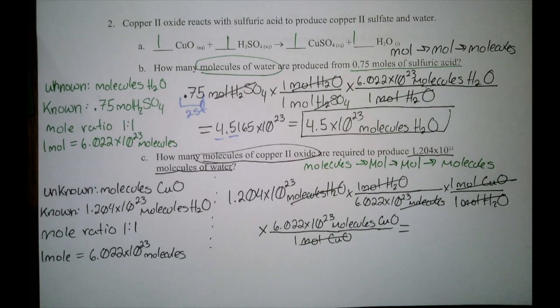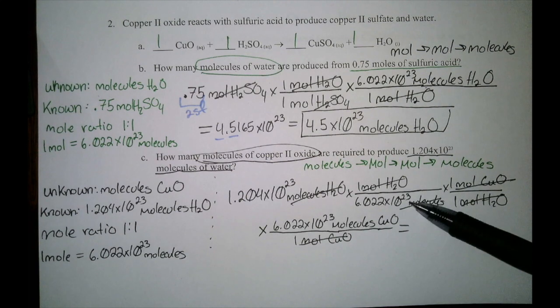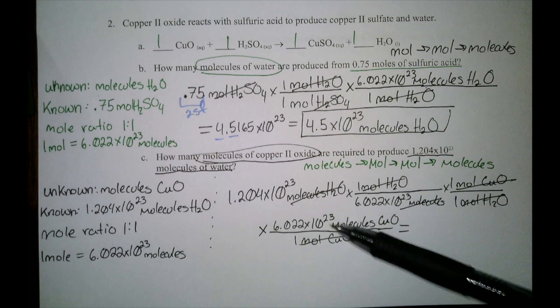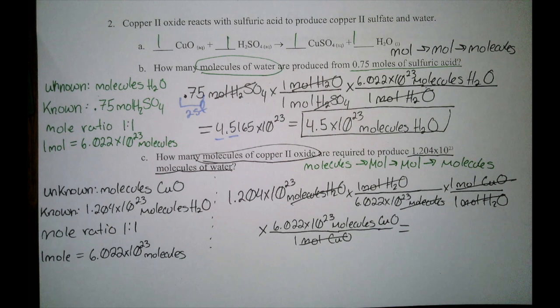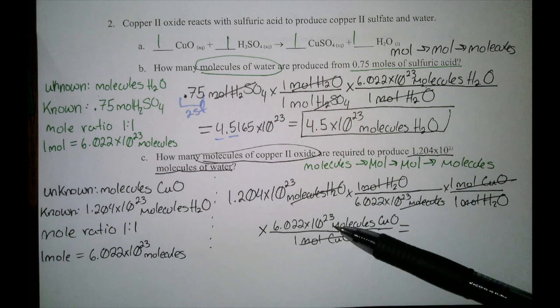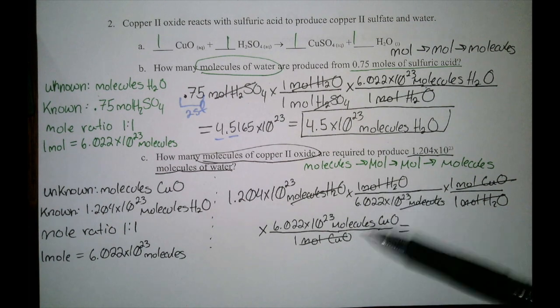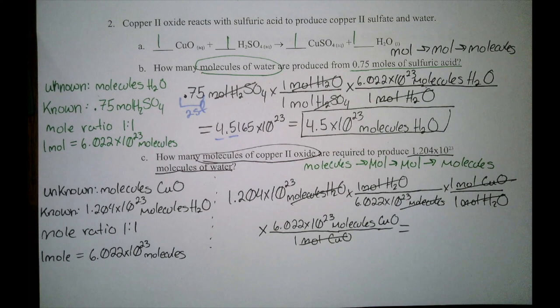Now, we could go through, divide by Avogadro's number, multiply by 1, multiply by Avogadro's number again, or you could look closely here and notice a little shortcut. First off, our mole ratio is 1 to 1, so we can essentially ignore it. It's not going to change our number. But also, we are dividing by Avogadro's number, and we are multiplying by it. If you divide something by itself, you get the number 1.